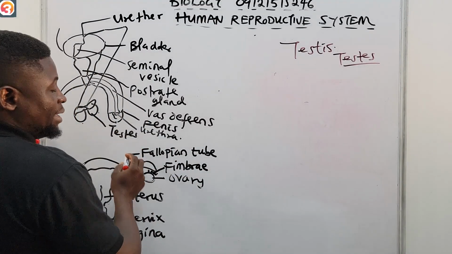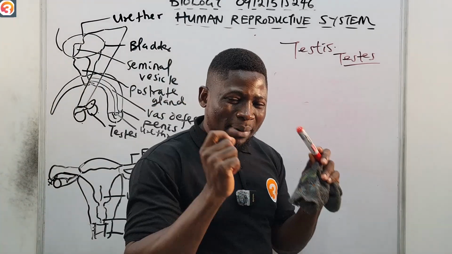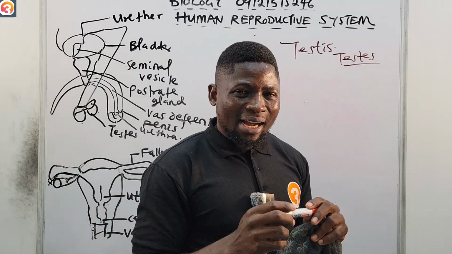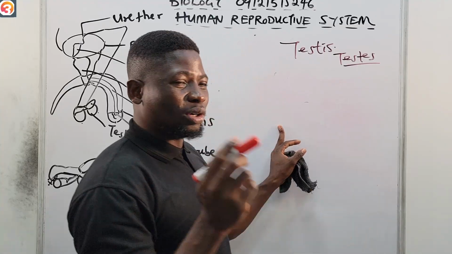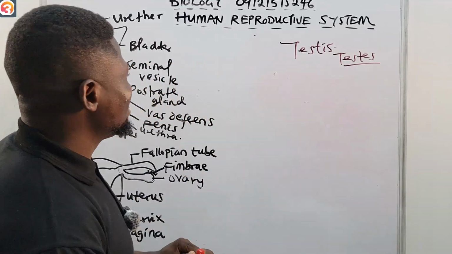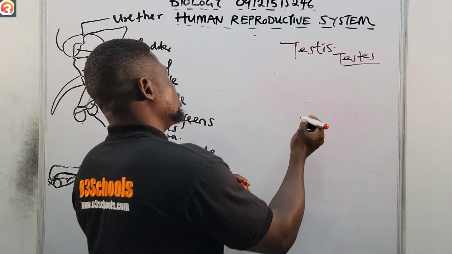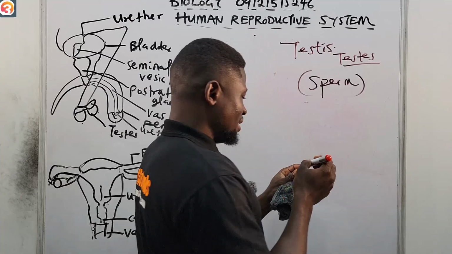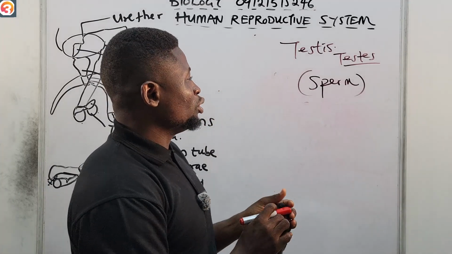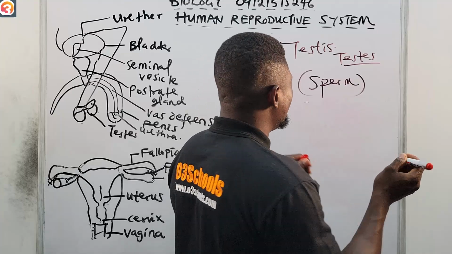We have a pair of testes. It is the main reproductive organ in the male, and the reason why we call it that is because it is responsible for the production of sperm, and this sperm is the male gamete.